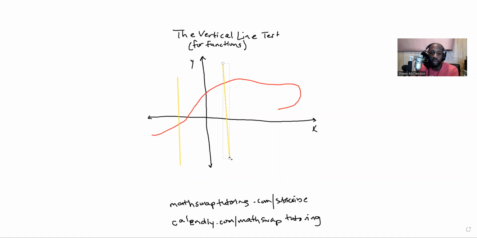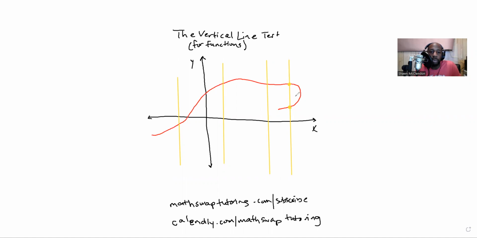Some of these aren't perfectly vertical, but hopefully you get the idea. You see that's the case until you get over here and you have a situation where a vertical line intersects your curve at two different points.